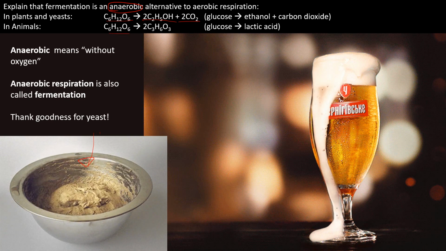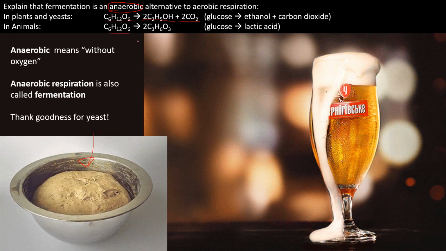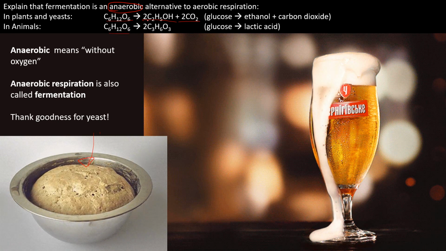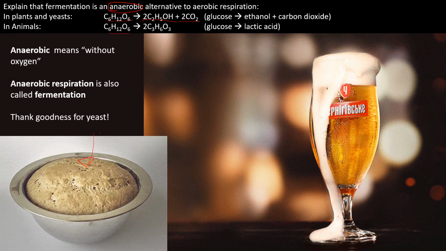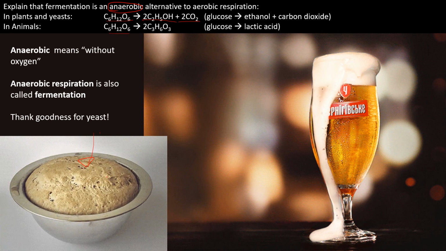So don't go home and eat all your bread dough. You would have to eat a lot of bread dough to get drunk. But when it gets cooked, the alcohol evaporates, so you don't actually get any alcohol from it. But that carbon dioxide has made it nice and puffy by making little carbon dioxide bubbles in it.